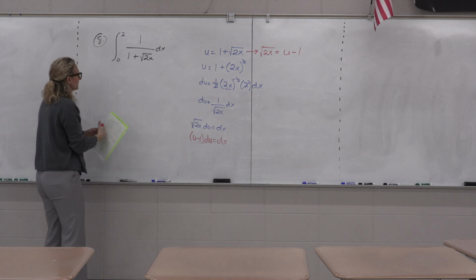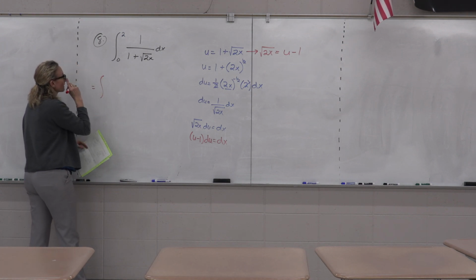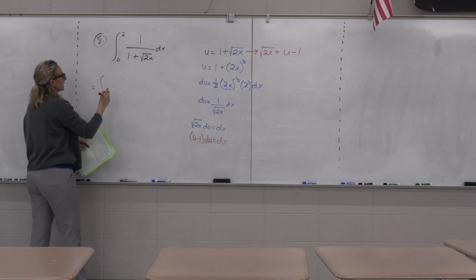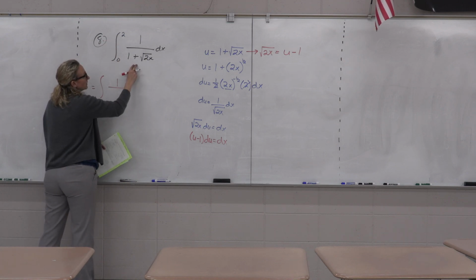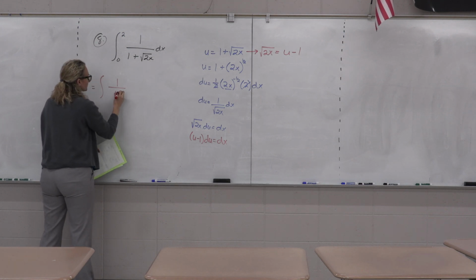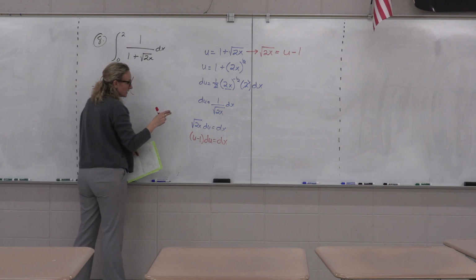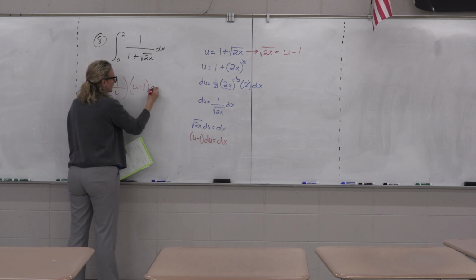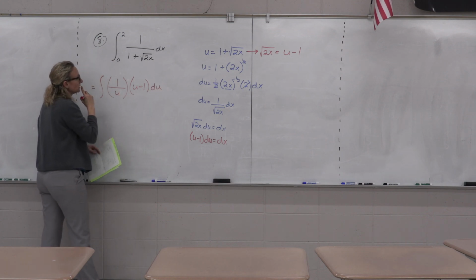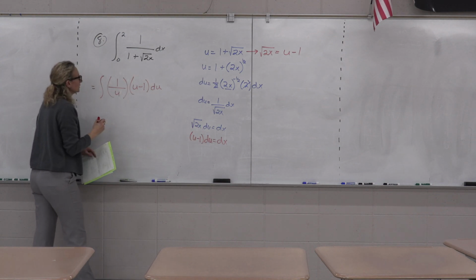Now, what I'm hoping is I can do a complete change of variable and it's only u's. So I'm going to come back to those in a second. Here we have 1 divided by that. What was that? U times. What is dx? Dx is u minus 1 du. Dx is right here in red, u minus 1 du.